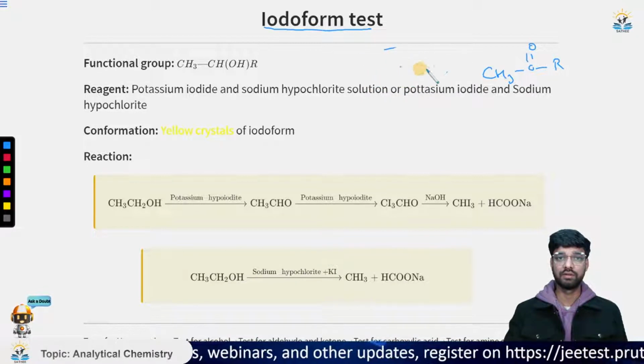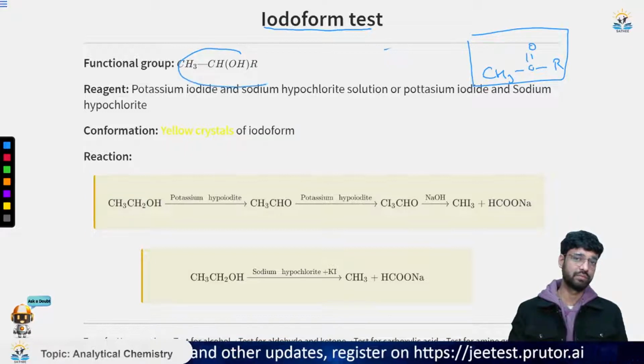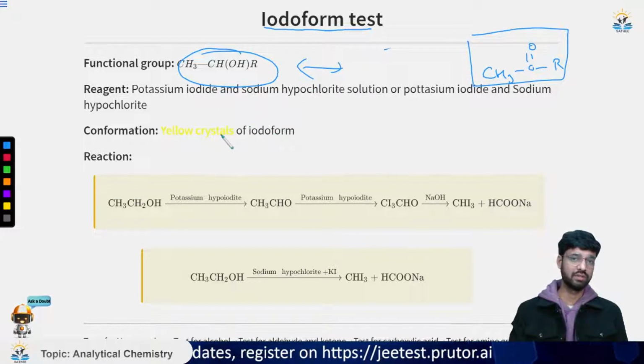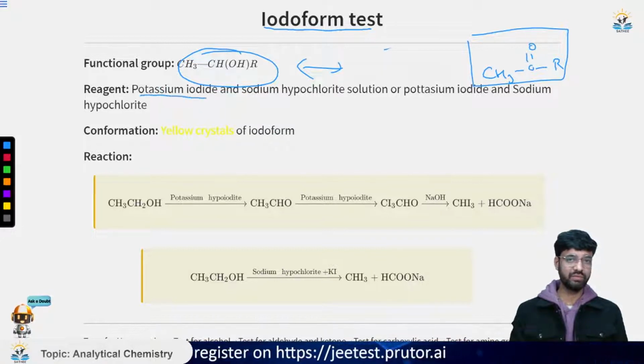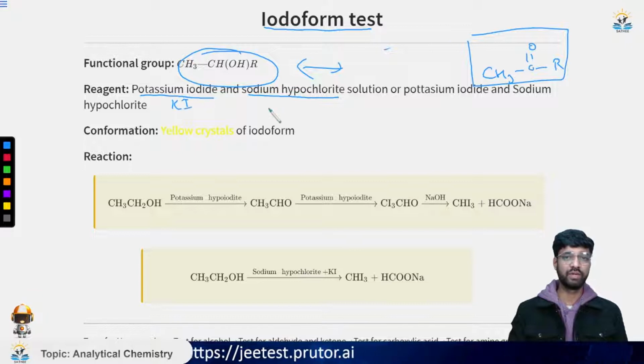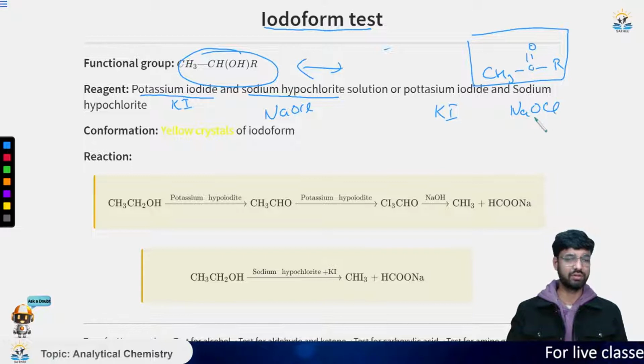So either for this group or for this group, this iodoform test is positive. What we take is potassium iodide plus sodium hypochlorite, that is KI plus NaOCl, or we can also take potassium iodide and sodium hypochlorite, because these both are the same.